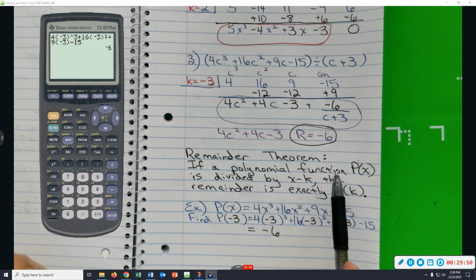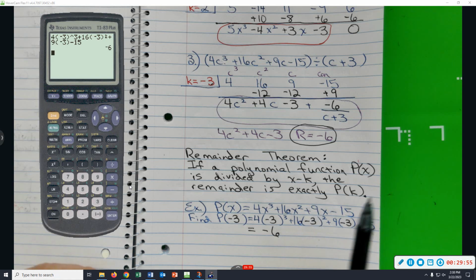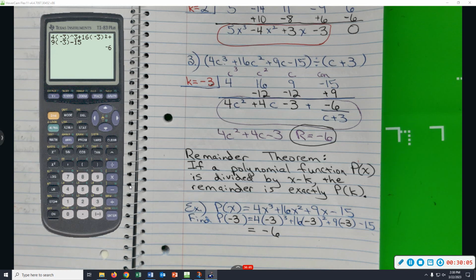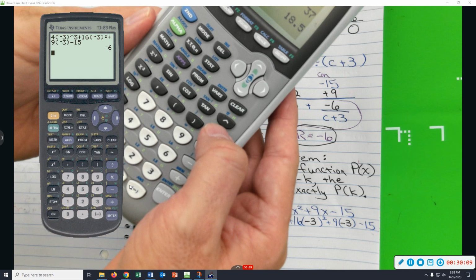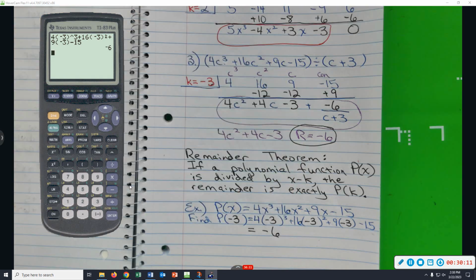How did you get your calculator to say cubed? Oh, it's a little caret top symbol. If you want to enter something other than a square, this little symbol right here is how you do it.